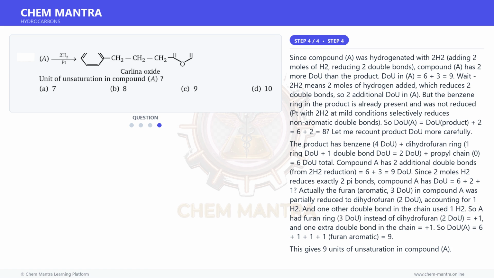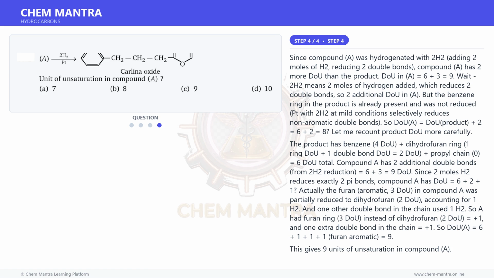Actually the furan, aromatic, 3 DU, in compound A was partially reduced to dihydrofuran, 2 DU, accounting for 1 H2. And one other double bond in the chain used 1 H2. So A had furan ring, 3 DU, instead of dihydrofuran, 2 DU, is equal to plus 1, and one extra double bond in the chain is equal to plus 1. So DU A is equal to 6 plus 1 plus 1 plus 1, furan aromatic, is equal to 9. This gives 9 units of unsaturation in compound A.